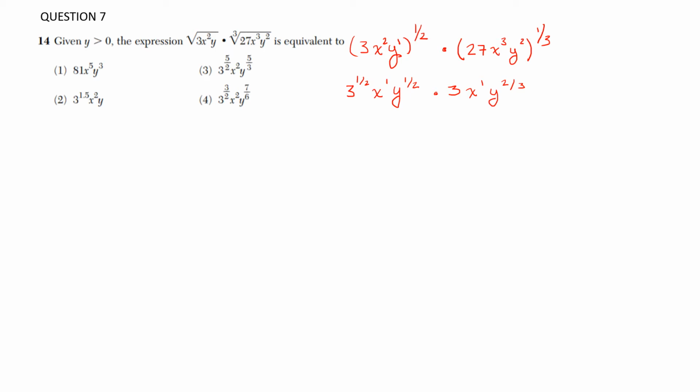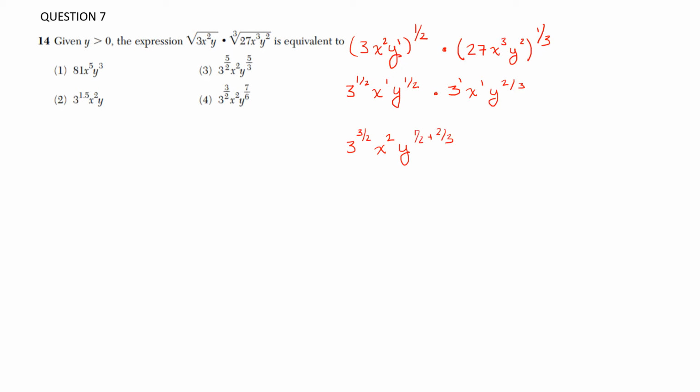Now we can try to combine the terms we have in here. When we're multiplying them together, we add the exponents, right? So the 3 to the 1/2 and the 3 become 3 to the 3/2, because 1/2 plus 1, that's a full 1, or 2 over 2, is 3/2. Same thing, x to the 1 times x to the 1 is x squared. And then we also have y to the 1/2 plus 2/3.